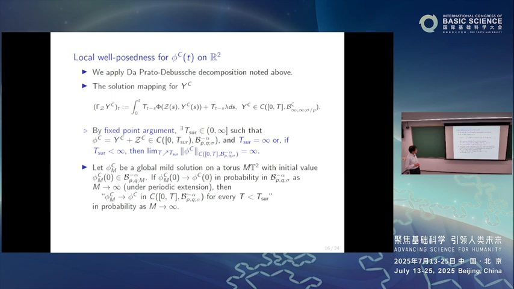And also, we can see whether the survival time is plus infinity or finite. If the survival time is finite, then this norm should diverge. Also the fixed point argument tells us: if the survival time is finite, then the limit as t goes to the survival time of the norm, considered for the continuous function taking values in this Besov space, should diverge. That is also shown.